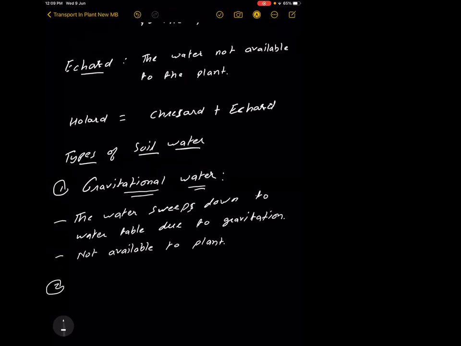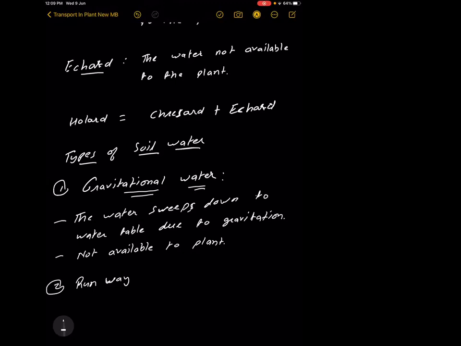Second is runway water. So runway water means after rainfall, generally the water drains away. It is not directly absorbed into the soil.